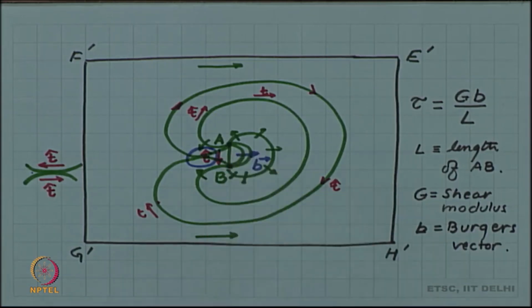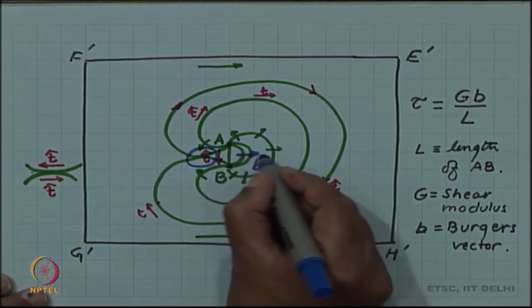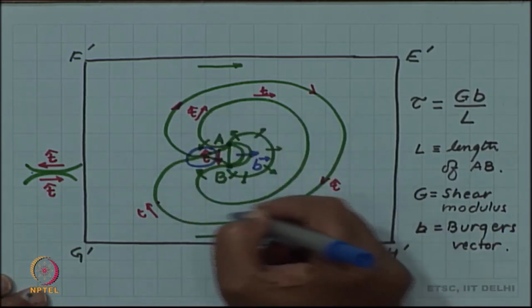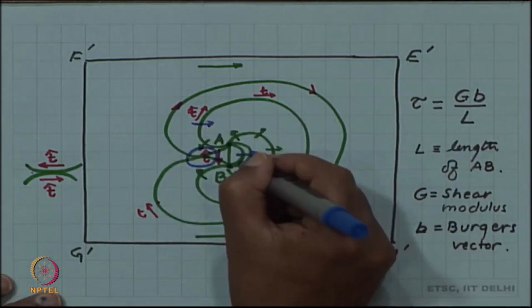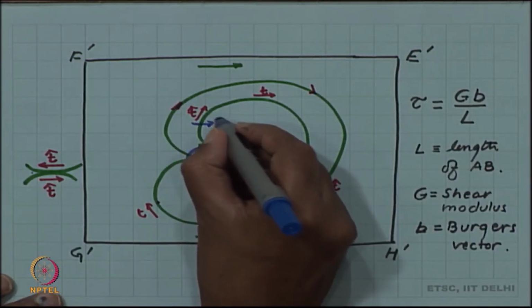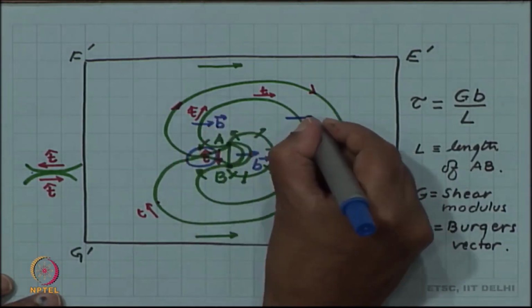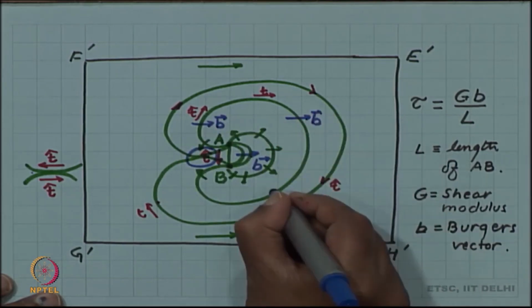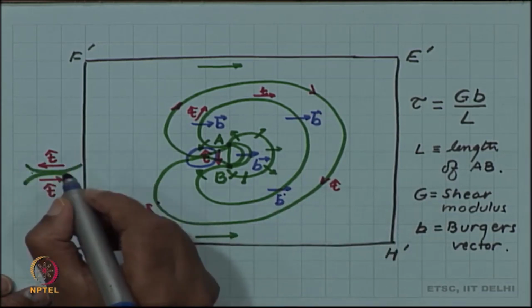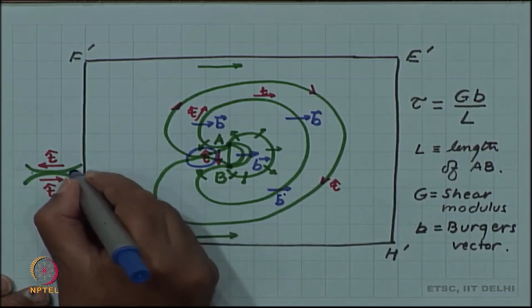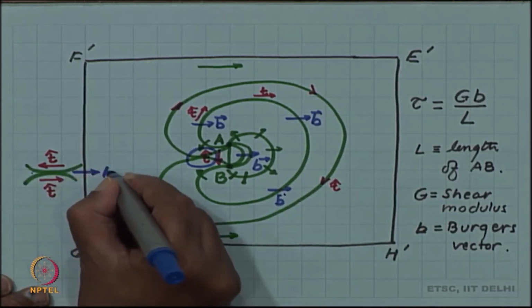B vector we had shown by this blue vector, and b remains constant for a curved dislocation line. We have seen that if this dislocation has this b, it will keep having the same b everywhere. So, both these segments have the same b given by the blue vector.